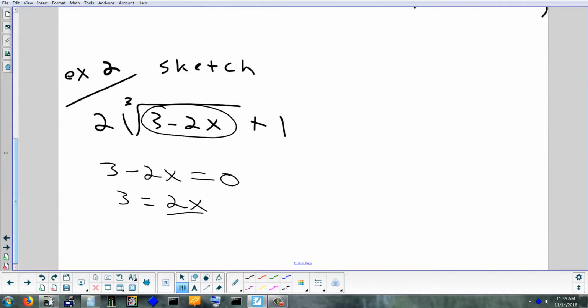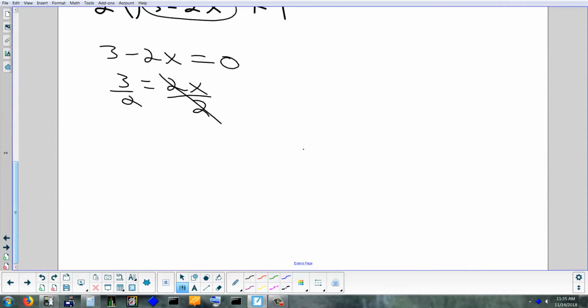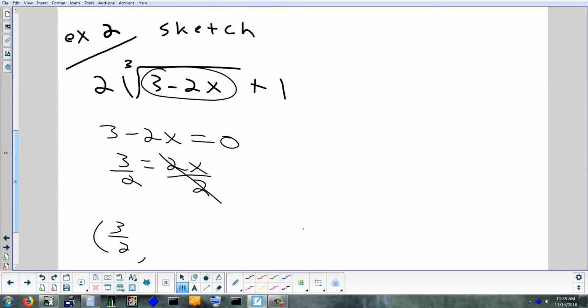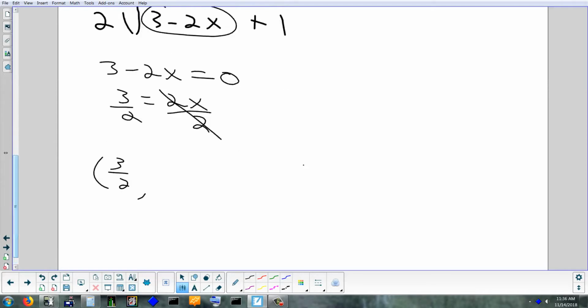There you go. Divide by 2, divide by 2. It's gone. So my point is going to be starting at 3/2. Actually, I should be careful. We're doing an odd root. Is this going to be a start point or a center point? Center, right? This is going to be a center, and we're going to go in each direction.